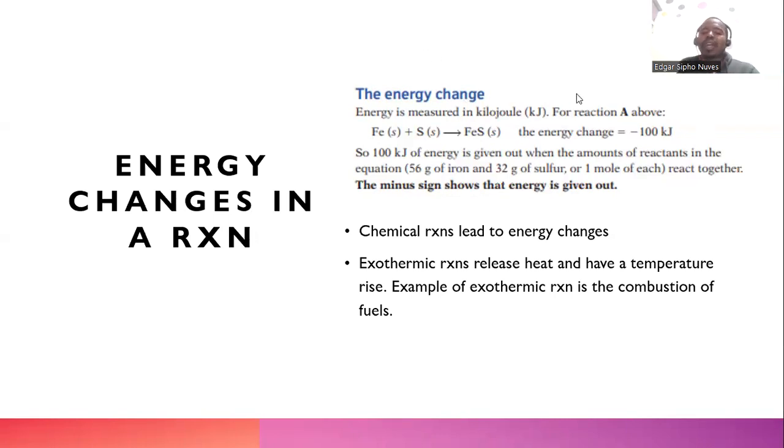Just to recap, we measure energy in kilojoules, and we're quantifying or measuring an energy change. Usually we look at the amount of energy in the products versus the amount of energy in the reactants. What's written here is that 100 kilojoules of energy is given out when the amounts of reactants in the equation react together. The minus shows that energy is given out.